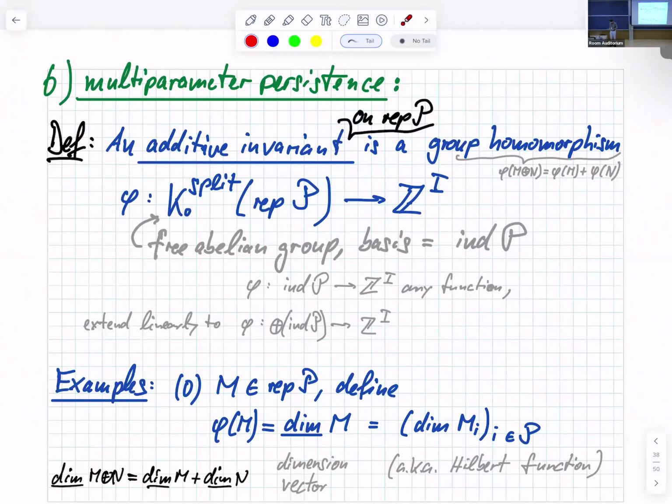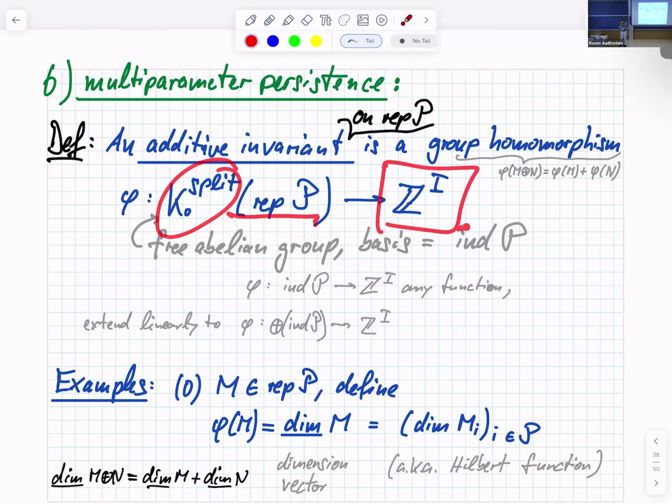Let's talk about invariants in all generality, and this is a bit of notation. An additive invariant on the category of representations of a poset P is a group homomorphism phi from the split Grothendieck group of the representations of P into some abelian group.